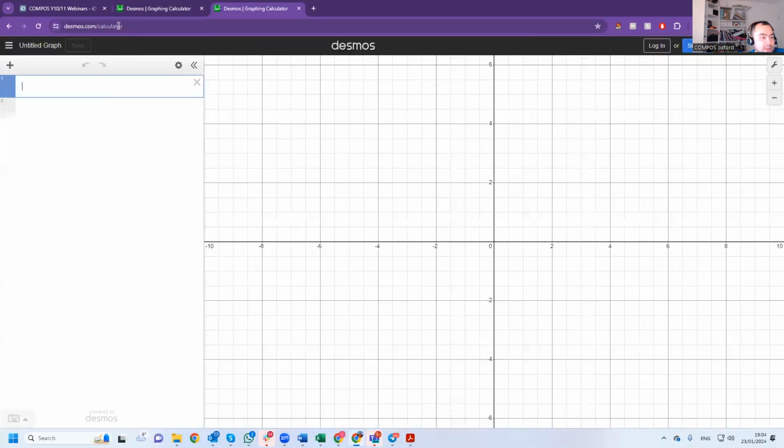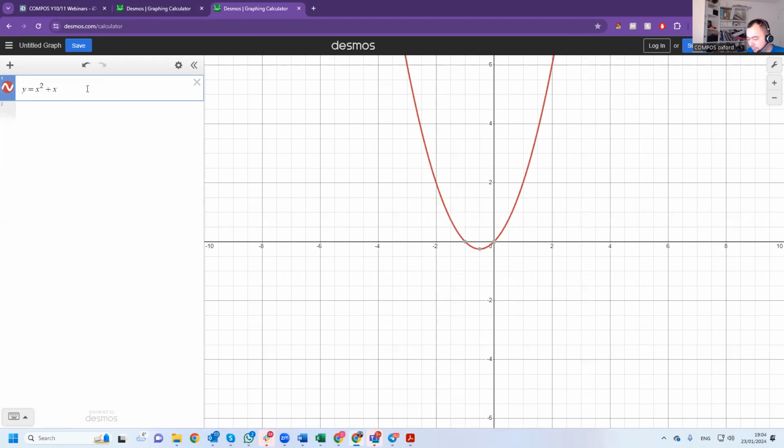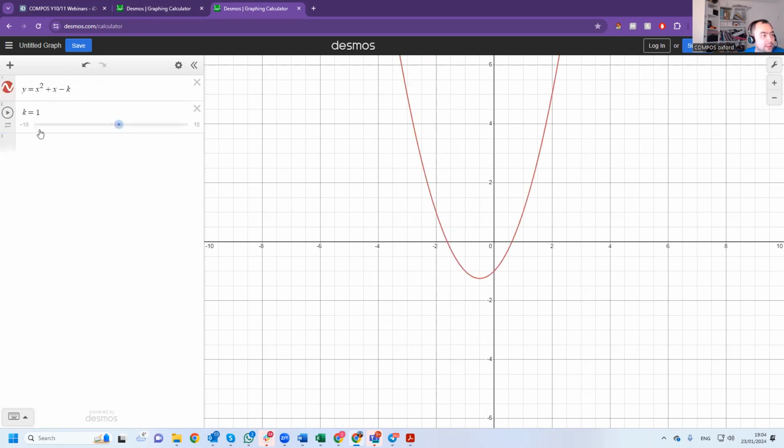Let's start. We need another one. So y is equal to x squared plus x minus k. Add a slider for k, and y equals 0 in the second graph.